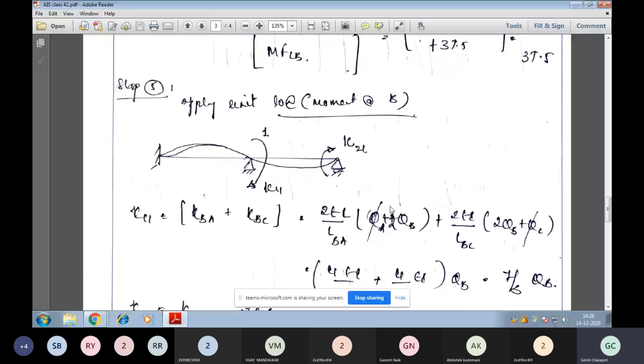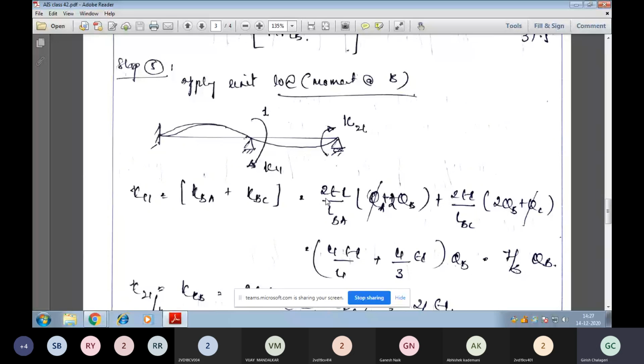So theta A will be 0. Coming to the stiffness of member BC, the second member, 2EI by L_BC, 2 theta B plus theta C. As I told, a unit rotation is applied at joint B, so only theta B will be there, and the remaining thetas are 0. So theta A is 0 and theta C is 0.